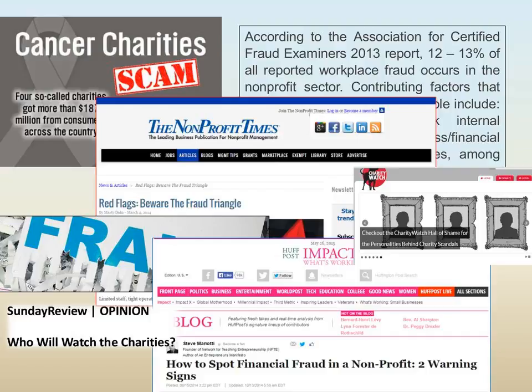But I think we can also understand that people who are looking for worthwhile organizations to support may become somewhat cautious or leery about organizations that they're thinking about supporting, and they may be looking for some reassurance that nonprofits that they've heard about and that they're thinking about providing money to are in fact legitimate and well managed.